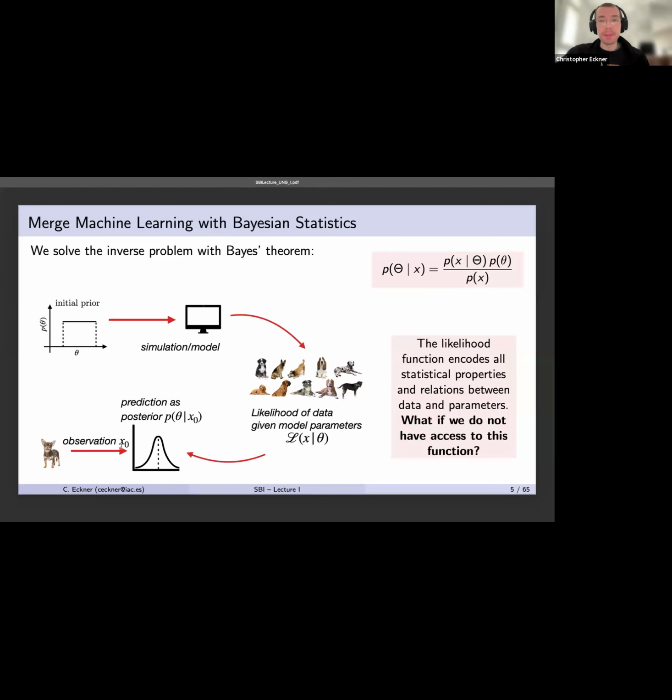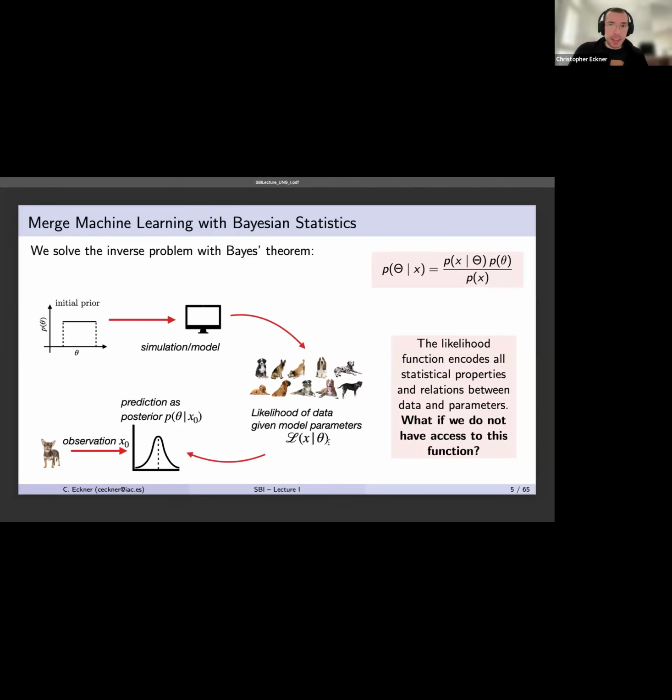However, what can happen in reality is that this likelihood, of how, given the parameters, my model or observation should look, can be complicated to formulate. What you would like to have is something that is analytic and easy to evaluate, but sometimes you can't even write down what this likelihood should be.